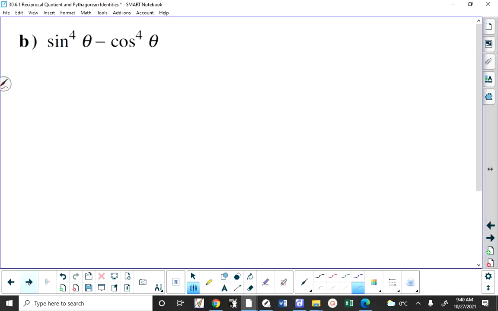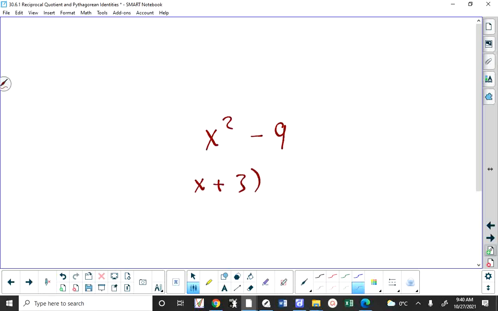What we can do here, though, is we can factor. I'm going to take you back to grade 10. If I gave you x squared minus 9, you know it factors into x plus 3, x minus 3, because x squared minus 9, and we review this in Math 20, is what we call a difference of squares. This is how I explain it.